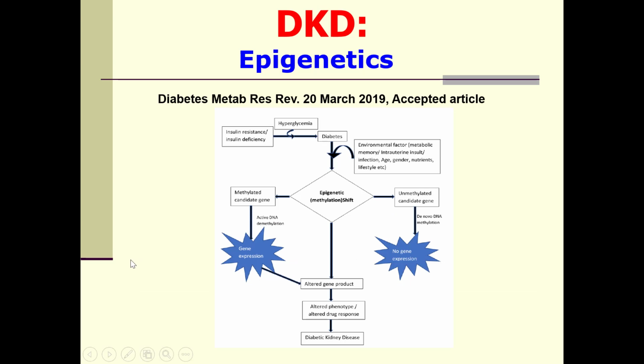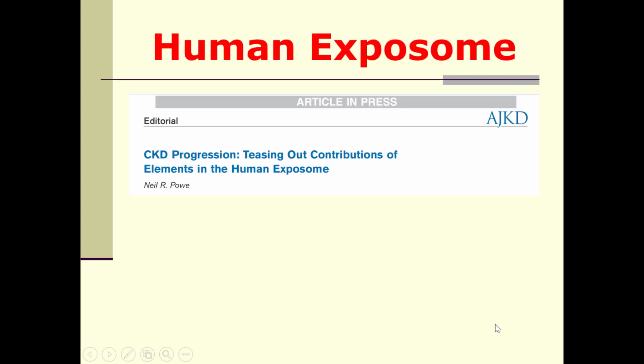Here, the epigenetic methylation shift will alter the gene product, alter the phenotype, and then lead to diabetic kidney disease. So it seems that this is a very nice and growing field, epigenetics and kidney disease.